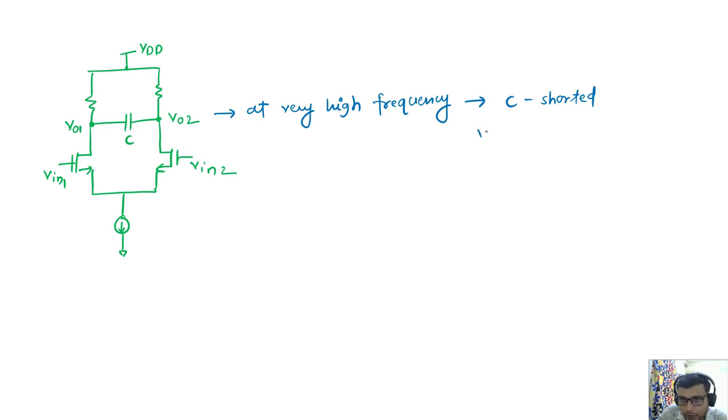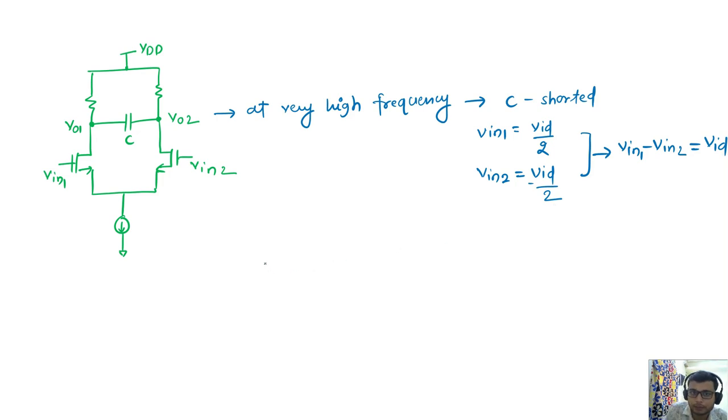Differential input is still there. So Vin1 equals Vi divided by 2, Vin2 equals minus Vi divided by 2. This is called Vin1 minus Vin2 equals Vi. Differential input is still there.